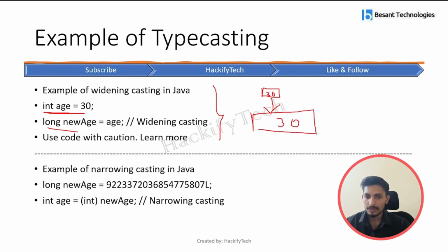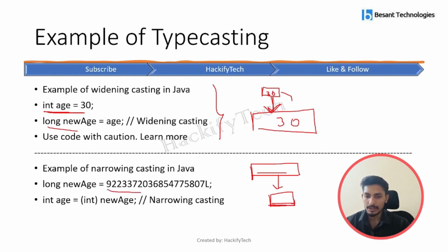So there is no chance of data loss, so it is acceptable. But if you come to narrowing typecasting in Java, where you have a big container storing some big value, and you are trying to store it into an int, a smaller type, there is a possibility of data truncation or data loss. So this should be done manually by the programmer.